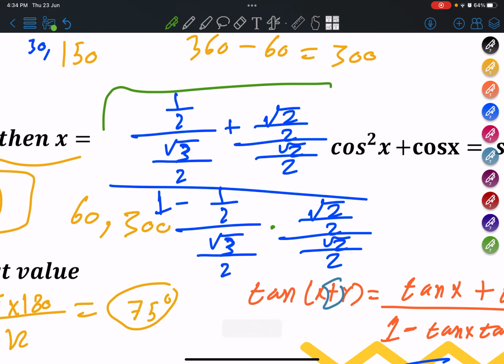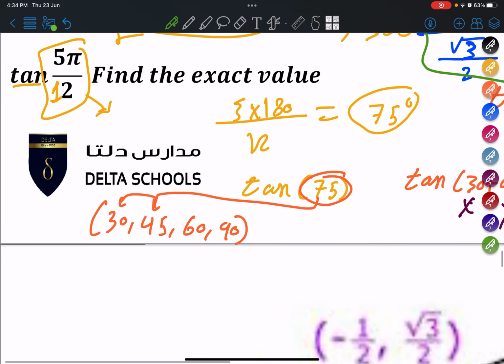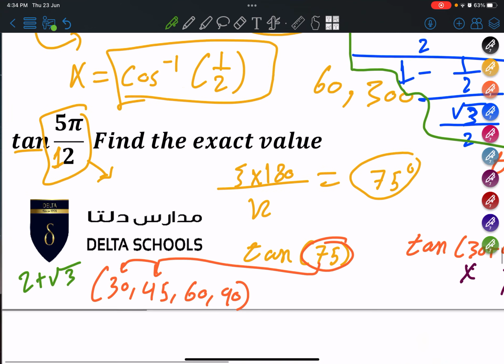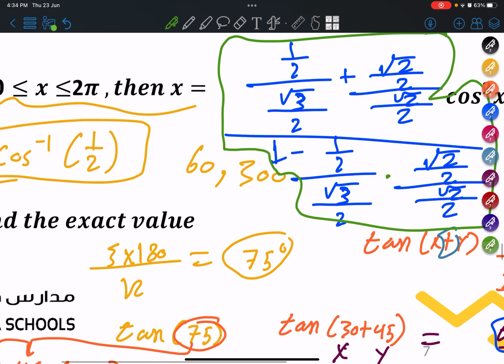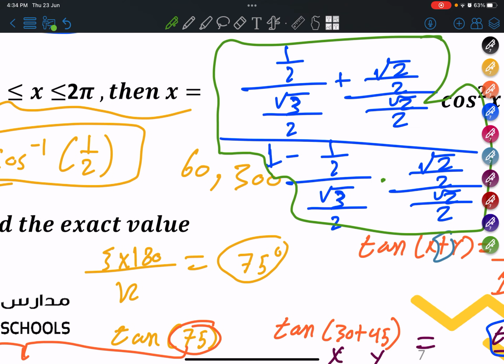Okay, we put this entire value in the calculator, and it will give you, I believe, 2 plus root 3, maybe. Let me get my calculator to make sure that you have the correct answer. So here, let's try it: 1 over 2 divided by root 3 over 2.